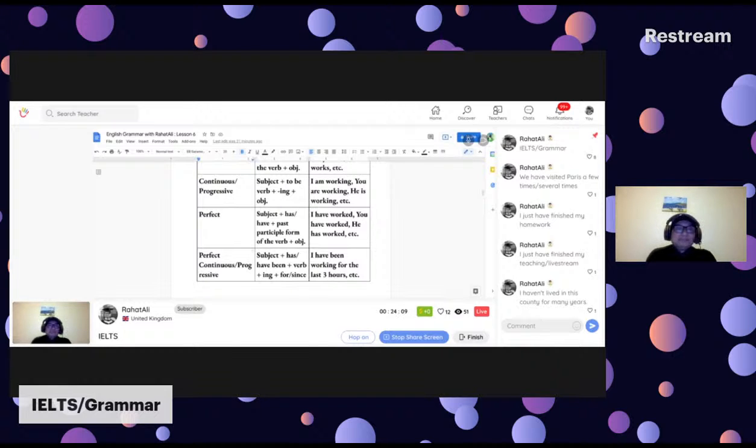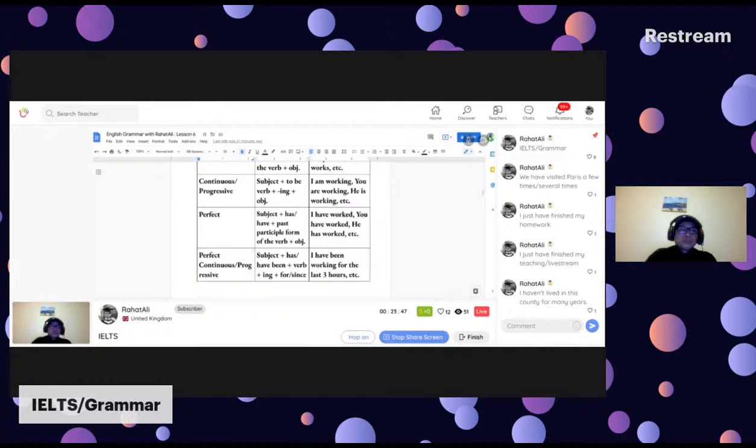Have you played the piano since you were a child? These are some of the examples. And some other examples are when the time period referred to has not finished. I've worked hard this week. Okay, you have practiced a lot this week.